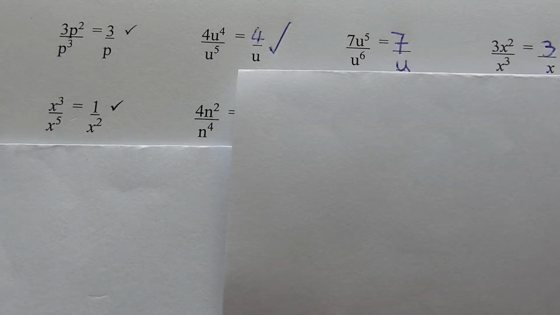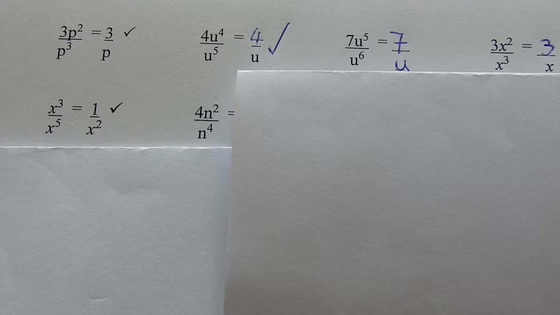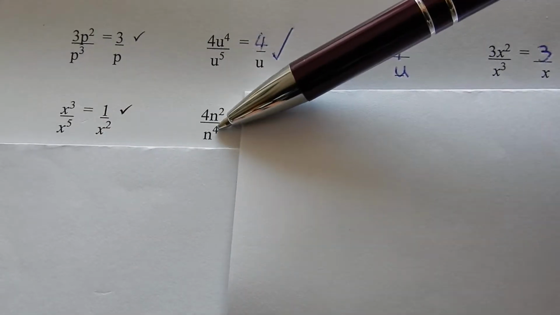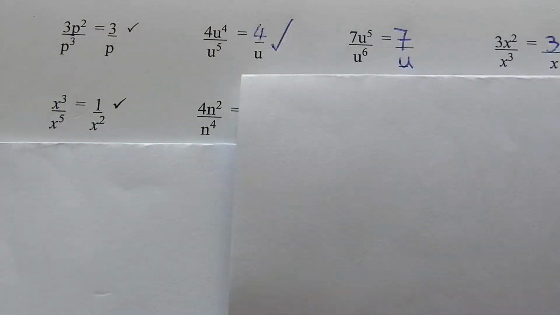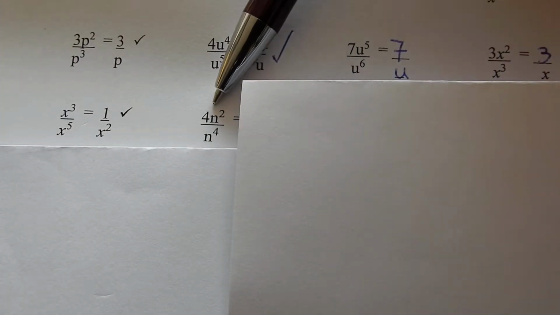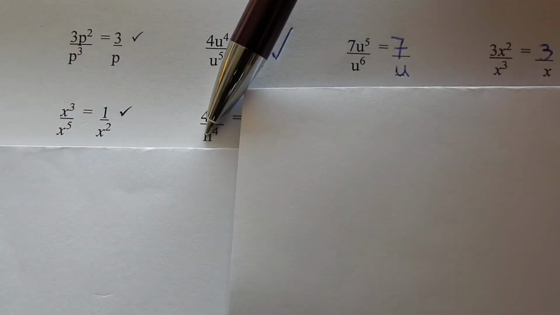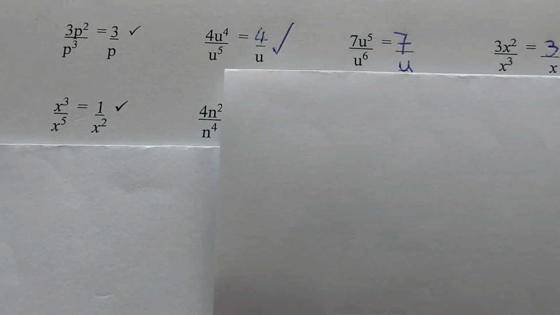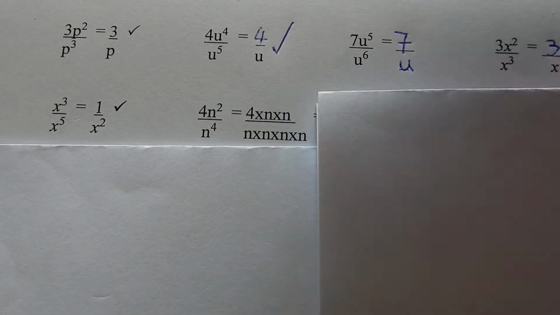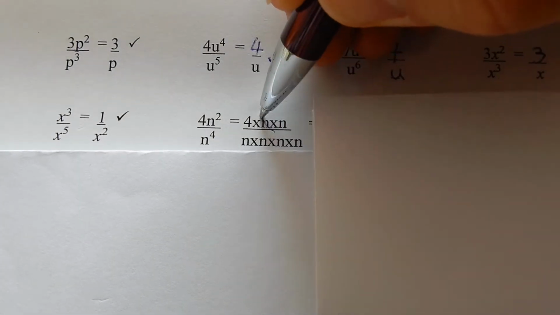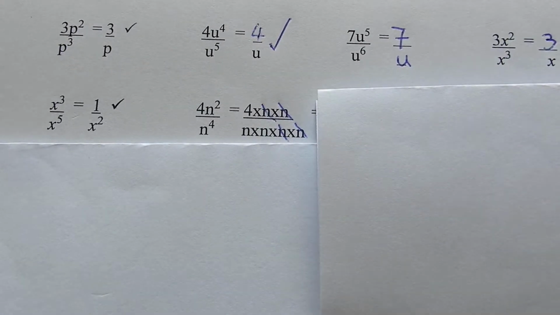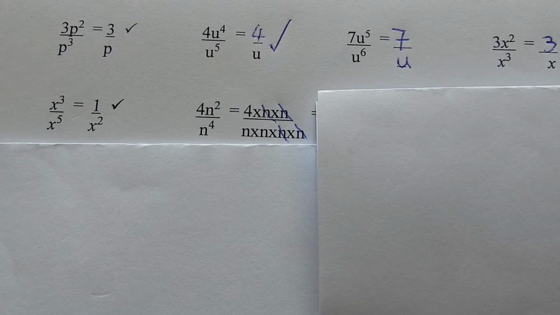So this one here, 4n squared over n to the power 4. So that's n times n divided by n times n times n times n. Good. So 2 of the n's timesing will cancel with 2 of the n's from the bottom. 2 n's off the top, 2 n's off the bottom. Oh, here we go. 4n times n. That one will cancel with that one, and that one will cancel with that one. Actually, any of the n's will cancel with any of them. I just use the ones on the end.